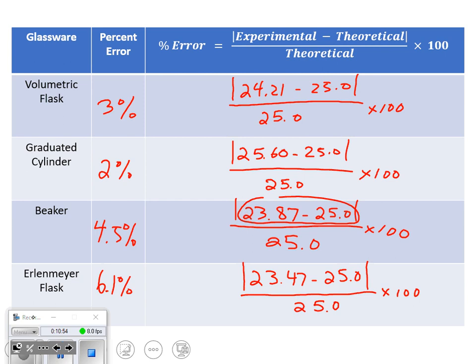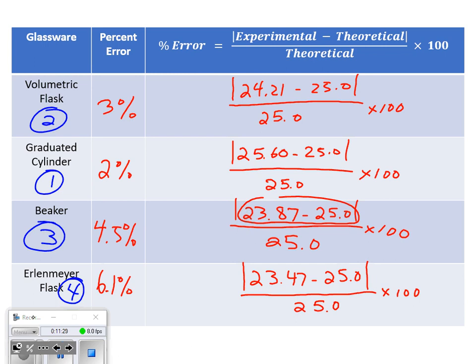So now I get back to my original question. Which one of these were the most accurate? Well, based on our data here, if I've got to rate these, my most accurate one is going to be the one with the least percent error, correct? So based on my data here, number 1 is a graduated cylinder, number 2 is a volumetric flask, the beaker is 3rd, and the Erlenmeyer is 4th.